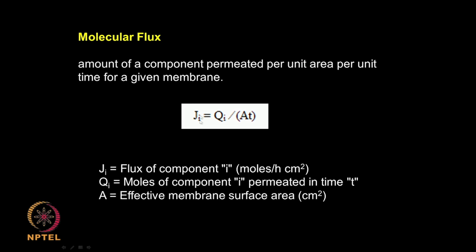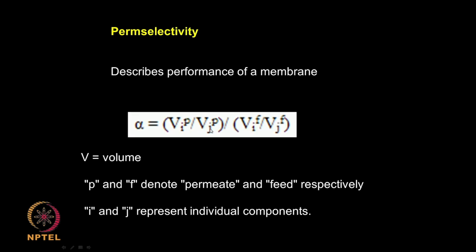So, the molecular flux J is given by Q by A T, where A is your membrane surface area, and T is your time, obvious, right. J is your flux, that is the component permeated per unit time, that is why it is called flux. So, we have put I, similarly we can have J, we can have K, different species. So, for each of the species you can have a different molecular flux here actually.